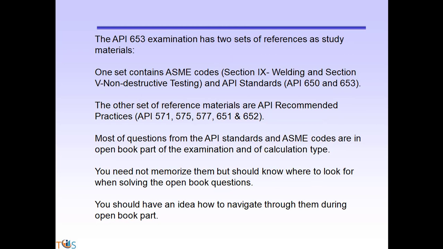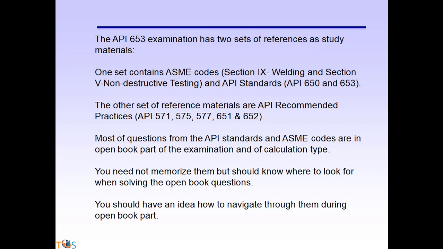The API 653 exam has two sets of reference as study materials, if we want to differentiate between mandatory and non-mandatory, or what is the legal requirement and what is the recommended practice or good engineering practice.